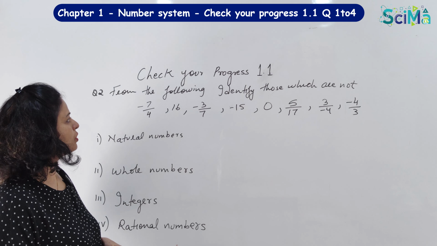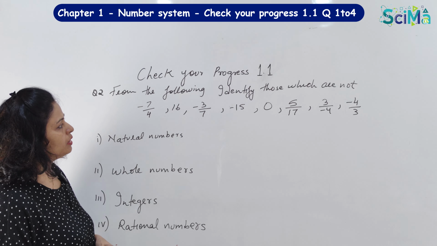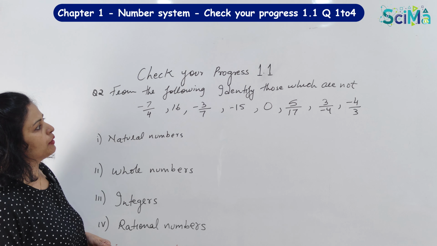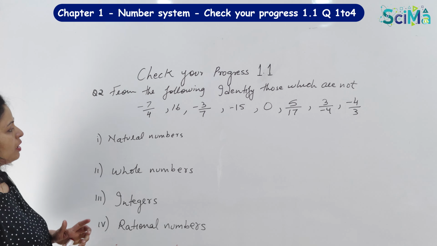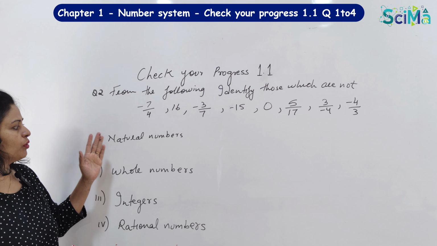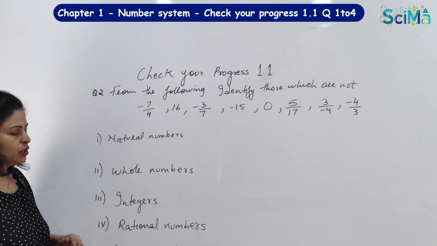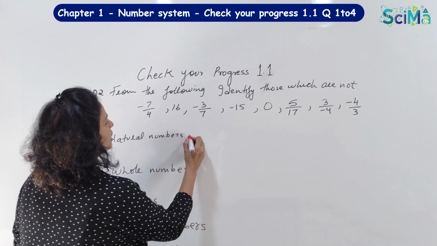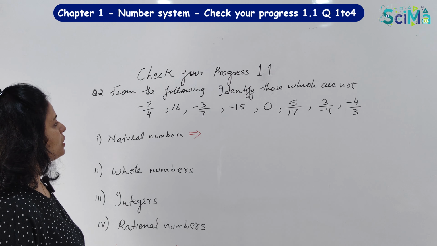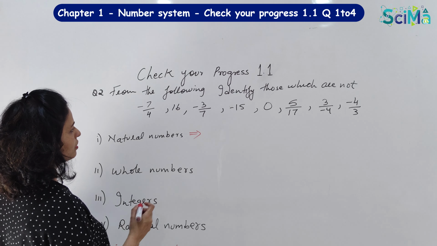Now the second question. Here again you have been given a set of numbers and you have to identify which are not natural numbers out of these, which are not whole numbers out of these, which are not integers and which are not rational numbers. Okay, so answering the first one, which are not natural numbers.